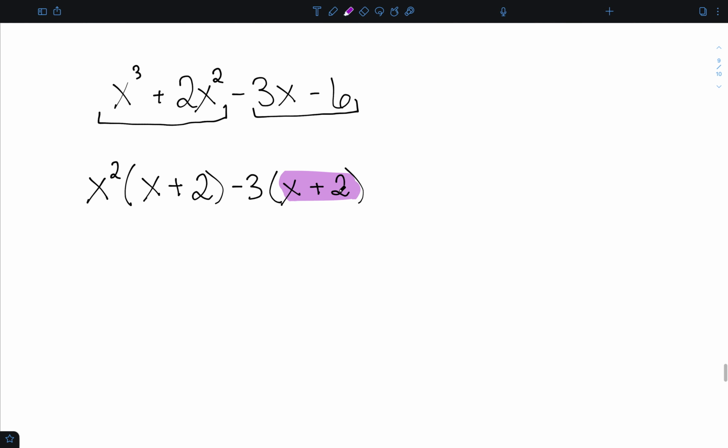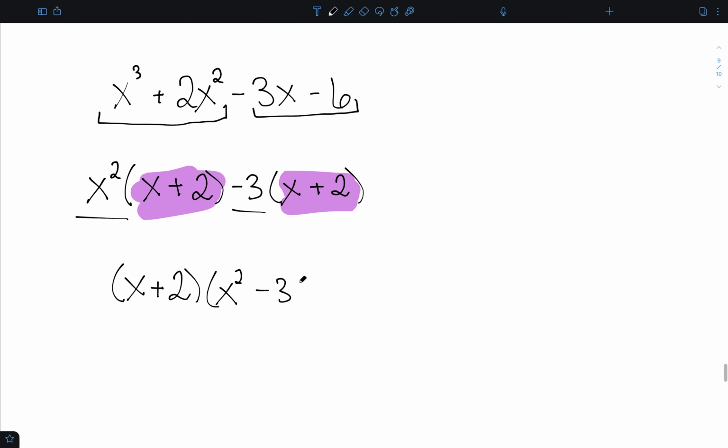Now I can see they each have this x plus 2 piece, so I can pull that out front, and I'm left with an x squared minus 3. So we factored this into x plus 2 times x squared minus 3.